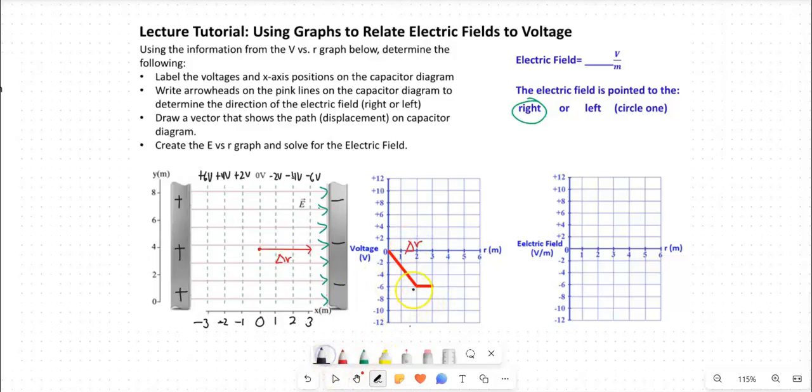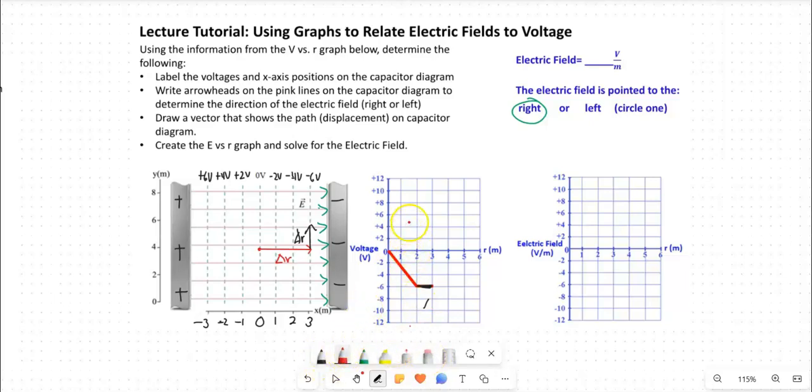And then something happens, and it just stays right at that negative 6 volts for 1 meter. That means it has to be moving upwards with a separate delta R. That's interesting. So this delta R path is right there.